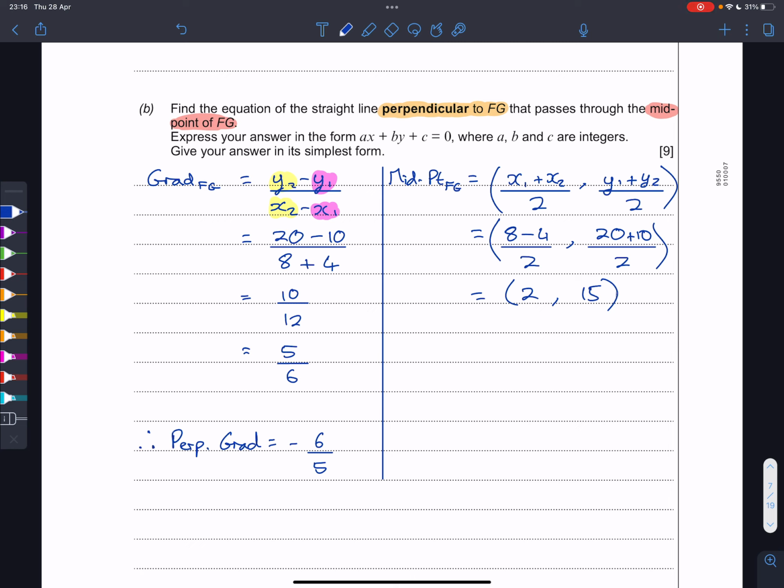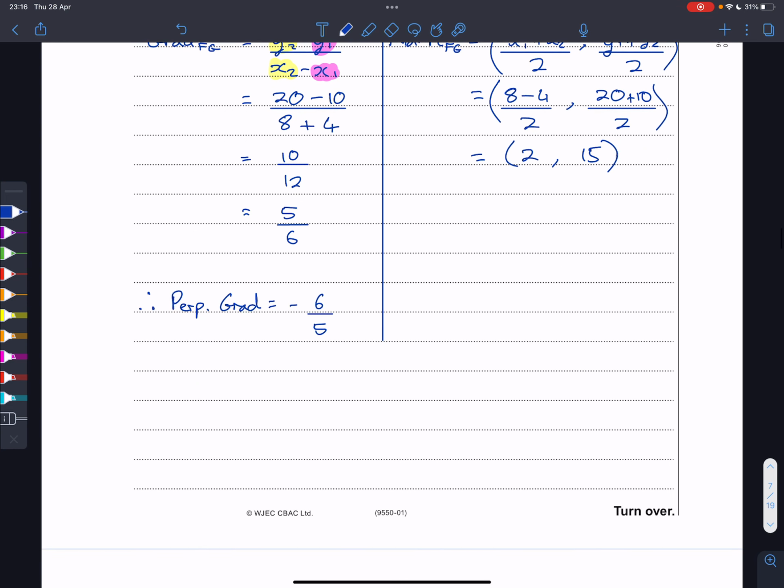Okay, so now we've got enough to find the equation of the straight line perpendicular to FG. So we're going to use the equation of the line, y minus y1 equals m(x minus x1). So my m is the gradient.